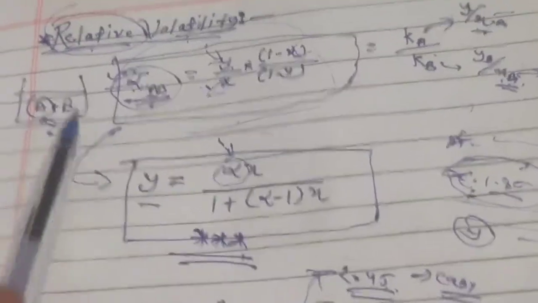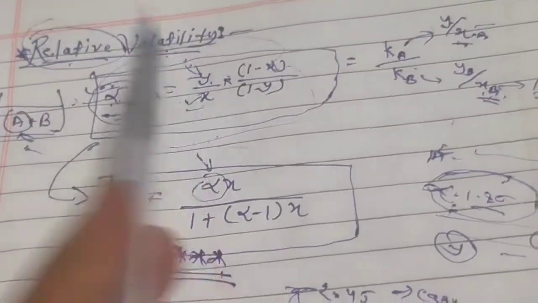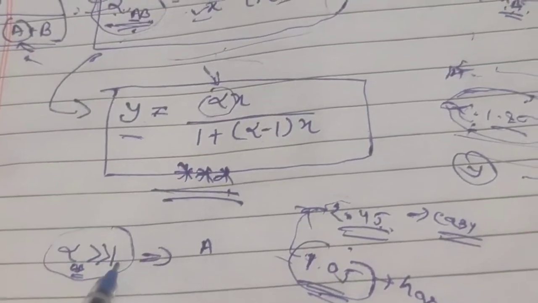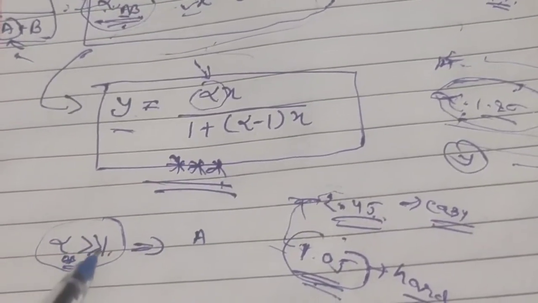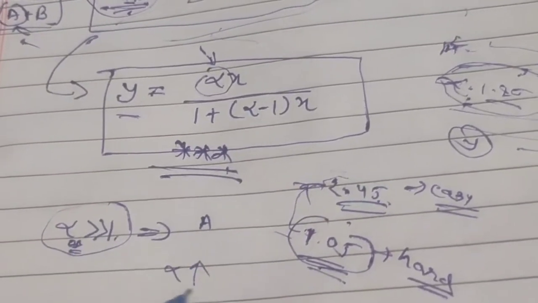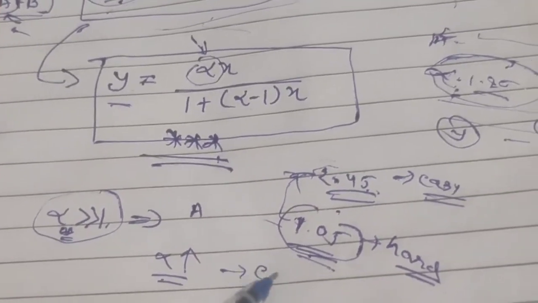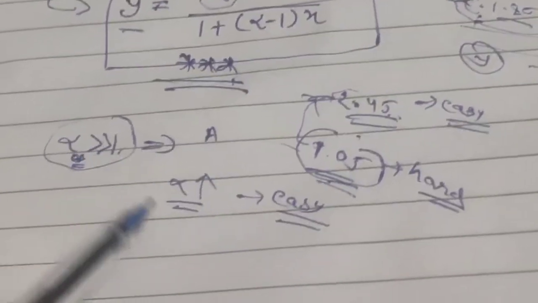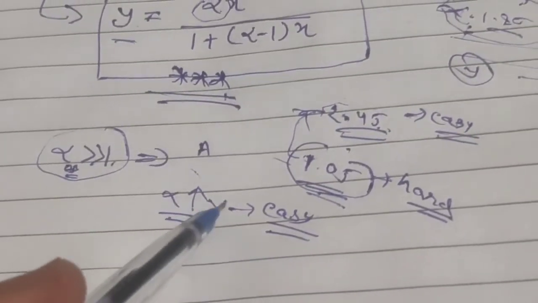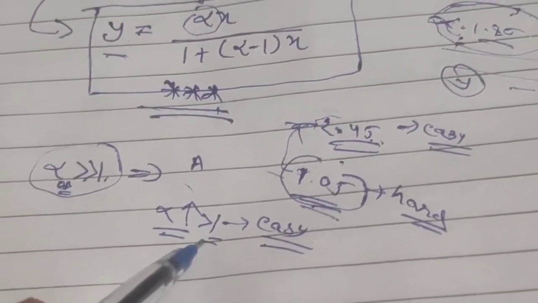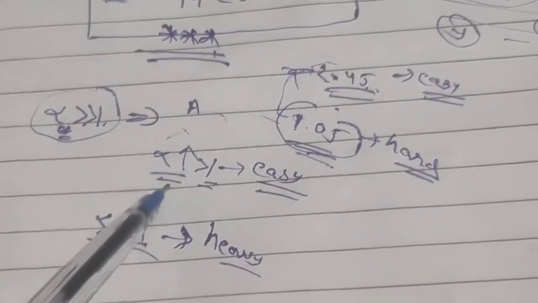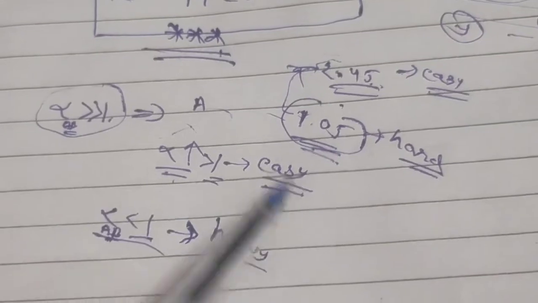This is relative volatility. As the alpha value gets higher than 1, it's easier for us to do the distillation. I hope you understand this: if alpha is higher than 1, it's easy to distil.